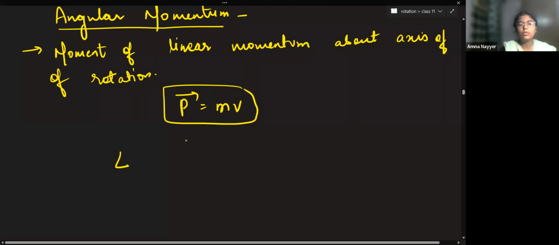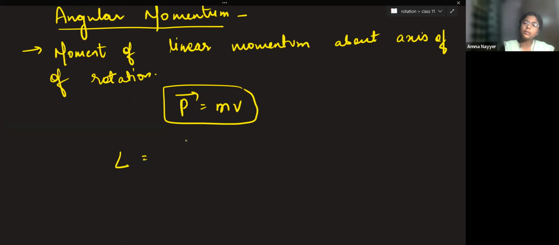Now come back to angular momentum. The way torque becomes R cross F, R, the perpendicular distance, cross the linear force, same thing here, this will be R, the perpendicular distance, cross the linear momentum.